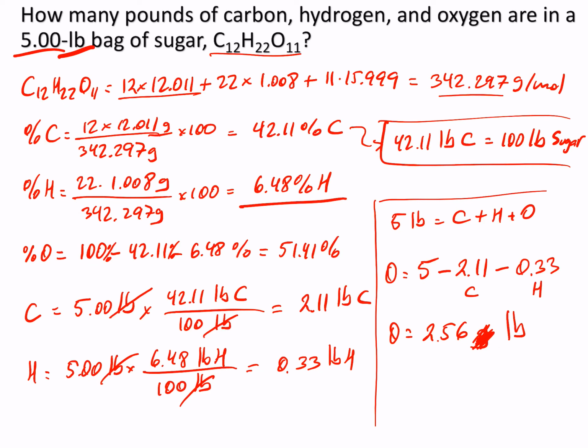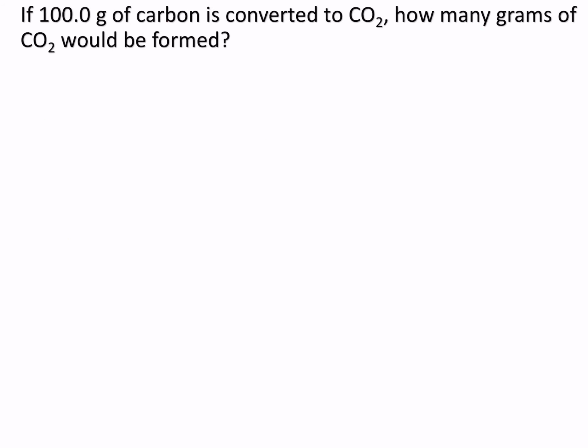Okay. Another type of problem that we can solve is going back in the reverse direction from the 250 grams of calcium. So how about we have 100 grams of carbon and you convert all that to CO2? How many grams of CO2 would you form?